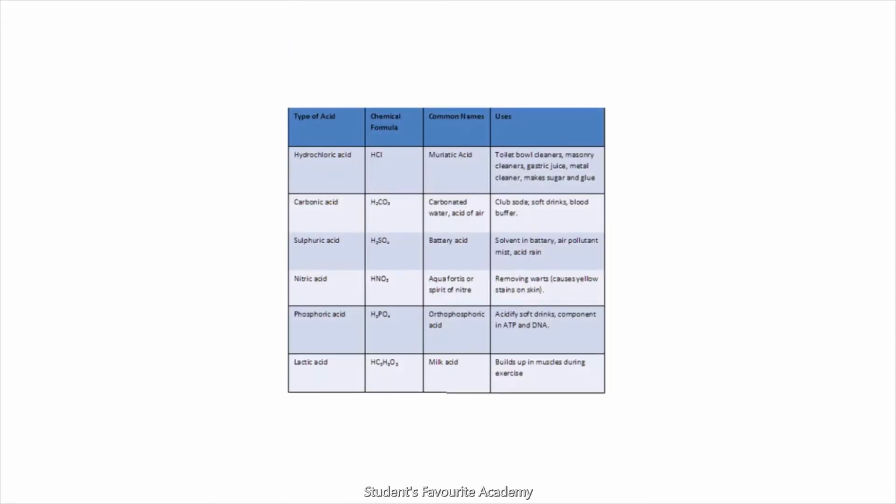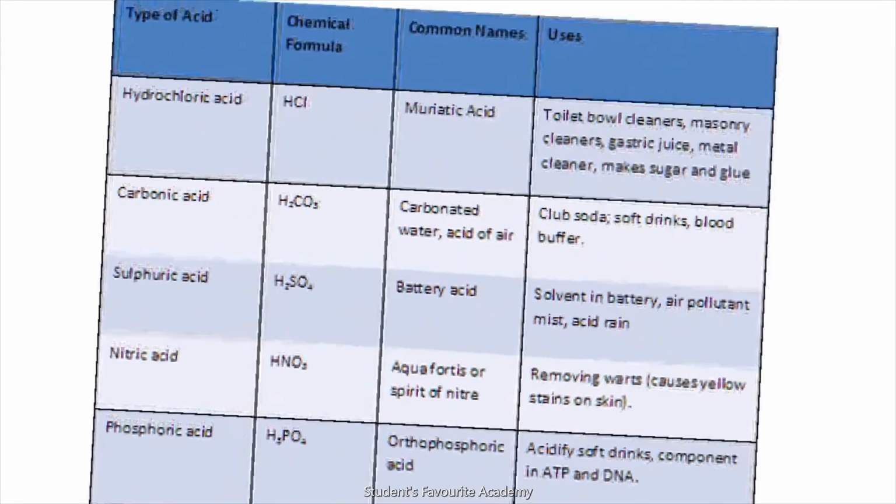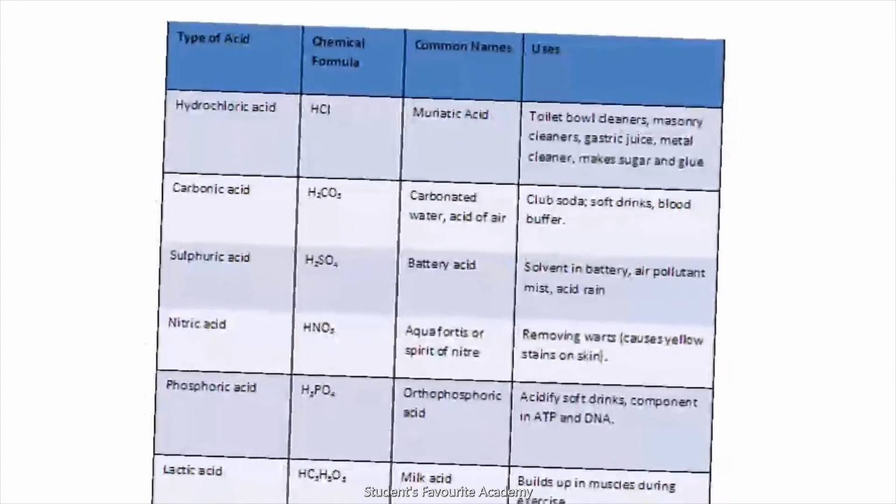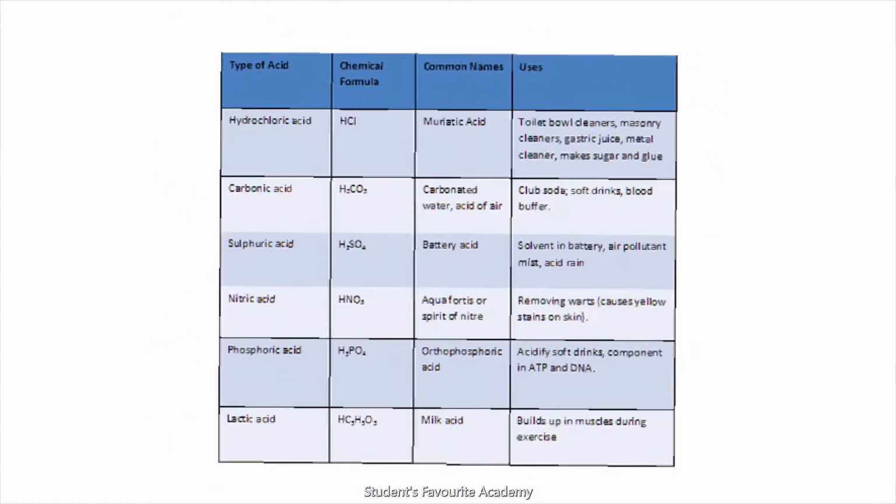Okay. So let us summarize. Hydrochloric acid, chemical formula is HCl, and the common name is muriatic acid. And the uses of acids are also very important.